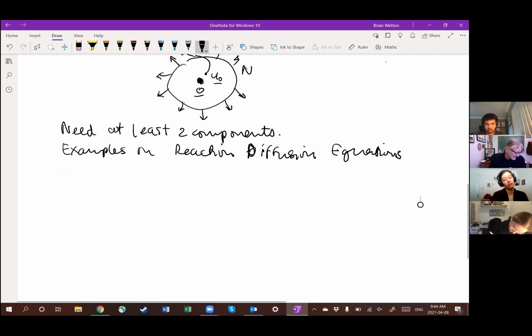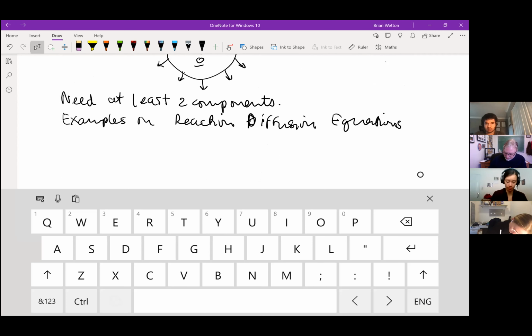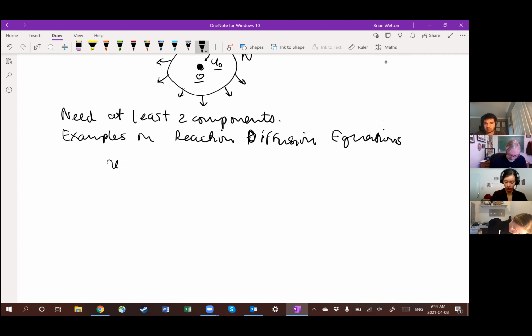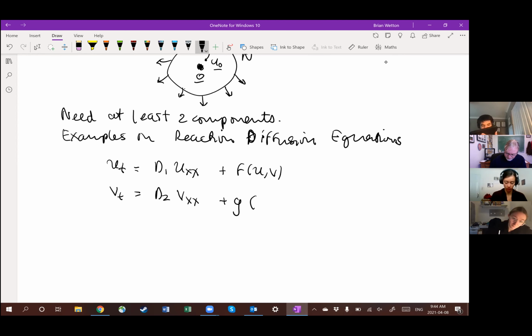Okay, so let's have a look. You need at least two components, so let's have a U and a V. I'm going to have diffusion. It turns out that it's essential that the diffusion constants can't be the same. They have to be different. And I've got some reaction terms. So this is going to be my M1.